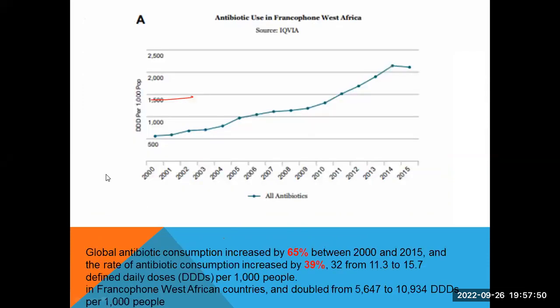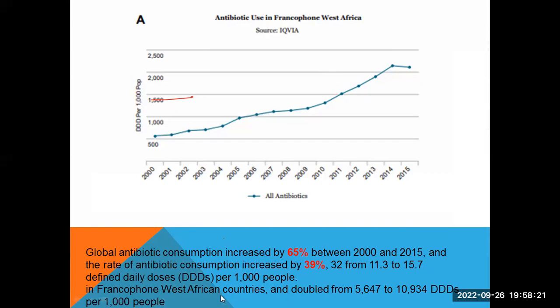Not only this, when this report was published in 2021 by the CDDEP, they were studying antimicrobial utilization in Francophone West Africa. As you can find here, from 2000 to 2015, it's rising, it's shooting. We're talking about global antibiotic consumption increasing by 65% globally between 2000 and 2016.